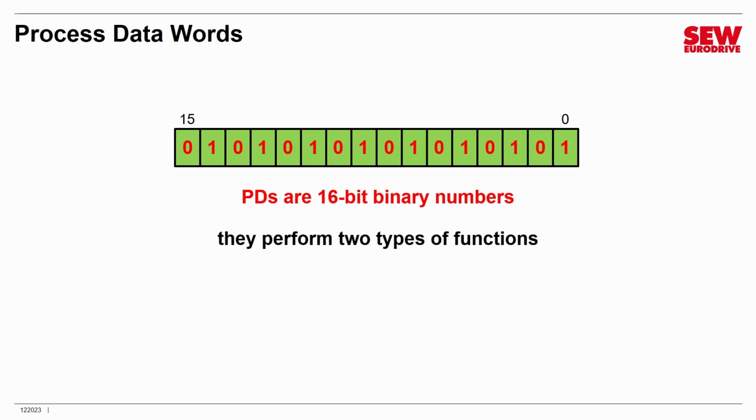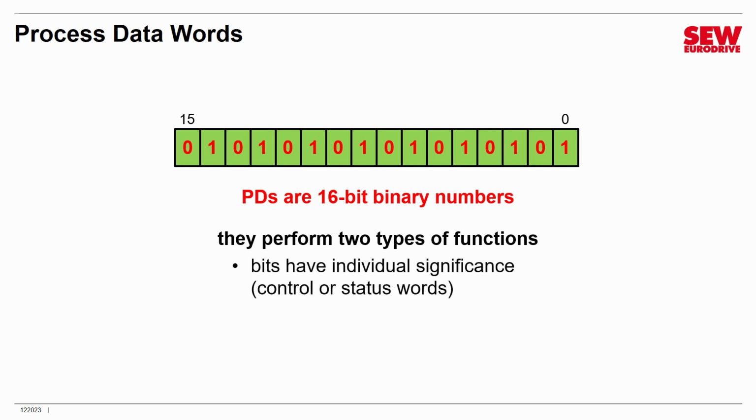Binary numbers that are acting as process data words perform two types of functions. The individual bits might have significance. In other words, the individual ones and zeros turn things on or off, sort of like switches, or they reflect status information depending on whether they're on or off. So when you're working with a process data word of this type, you're looking at the individual on and off bits scattered throughout the word.